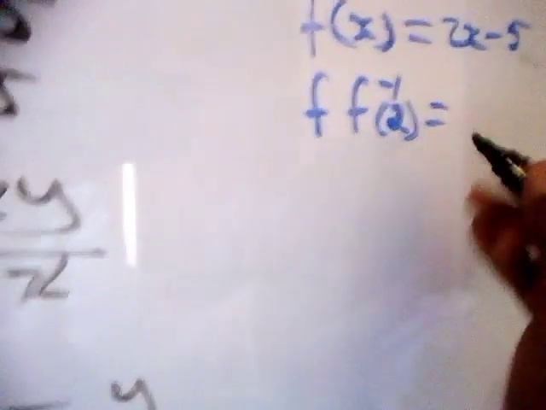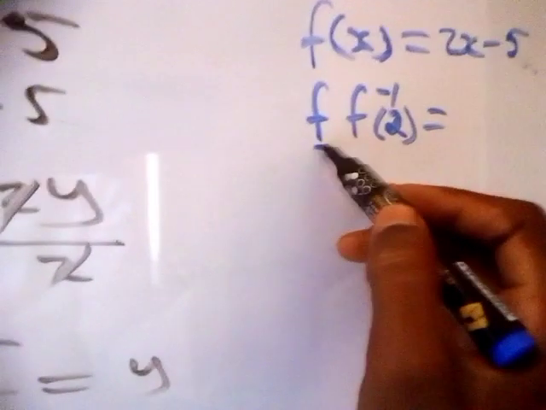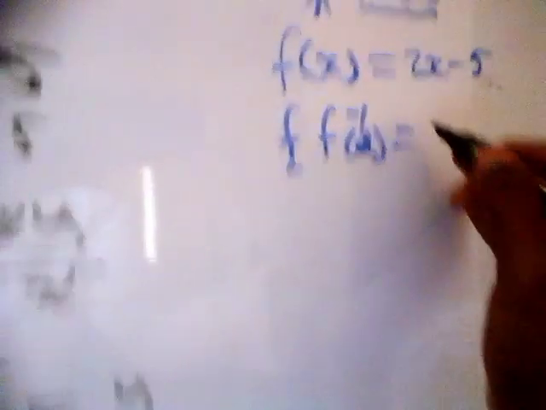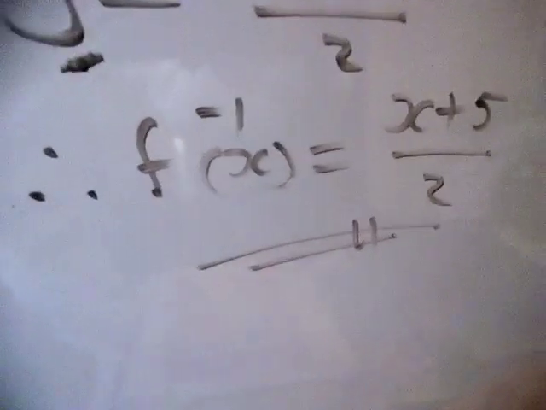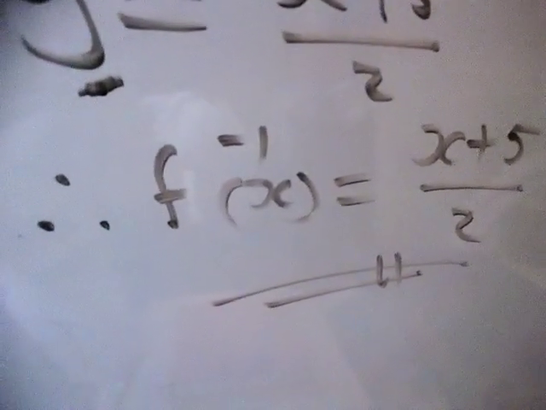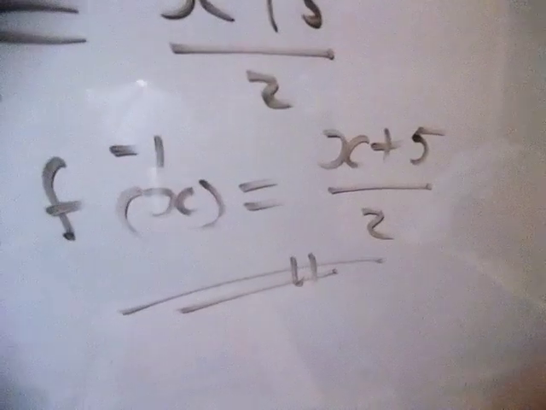We know the f function is this one, so I'm going to put this particular question here. Now the inverse function we already have is right here. This is the inverse function of f of x equals x plus 5 over 2.